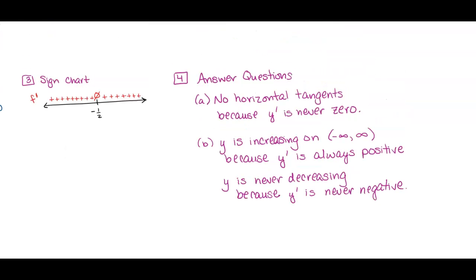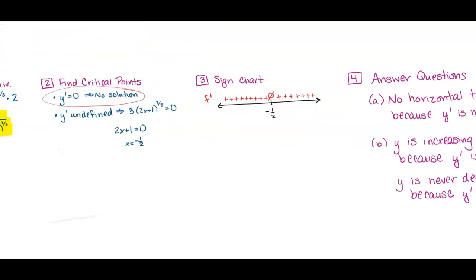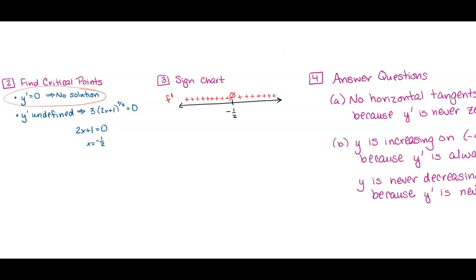Now the last question, or the third question being asked here, is find the relative extrema. What's happening here is we found out that this is increasing and then still increasing on the other side, and there's a brief moment where it's vertical in the middle there, but a vertical does not give us a max or a min.